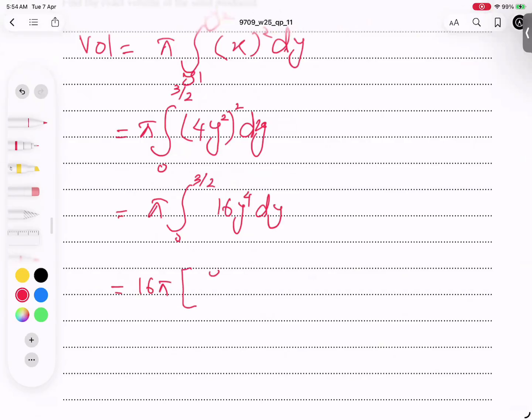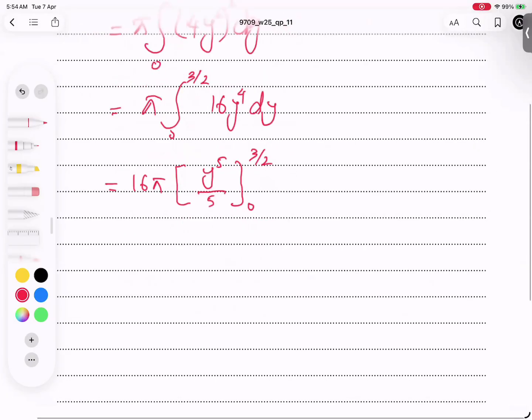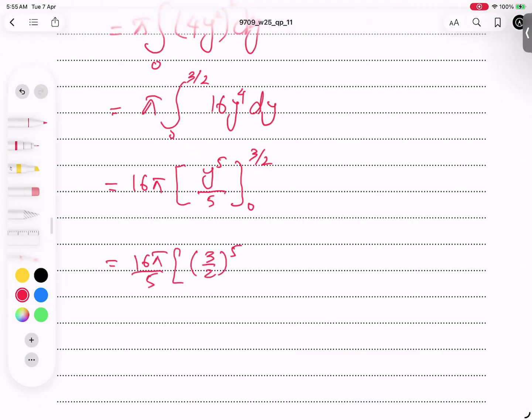Increase the power of y: y to the power 5 over 5, from 0 to 3/2. So 5 I can bring out under 16 pi or keep inside. Both are easy. And here 3/2 to the power 5 minus 0 to the power 5.